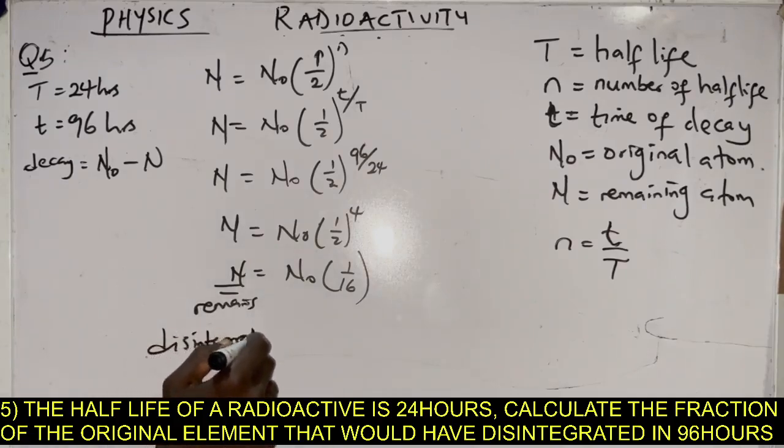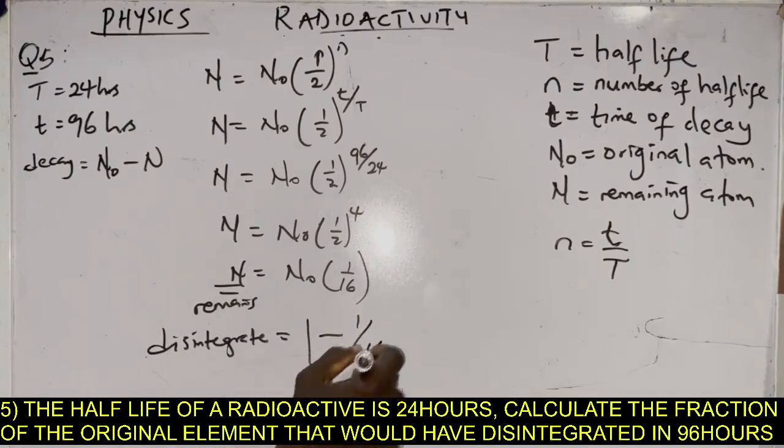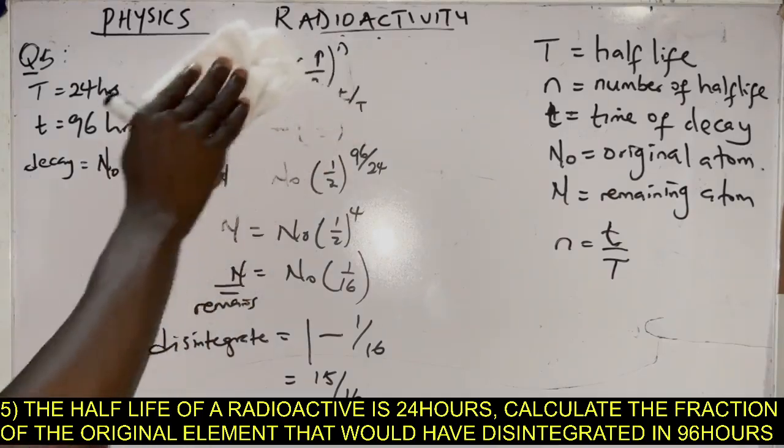Like we said, 1, the whole number, tells you everything. Disintegrated is 1 minus 1 over 16. That gives us 15 over 16. That will tell us the fraction that has disintegrated.